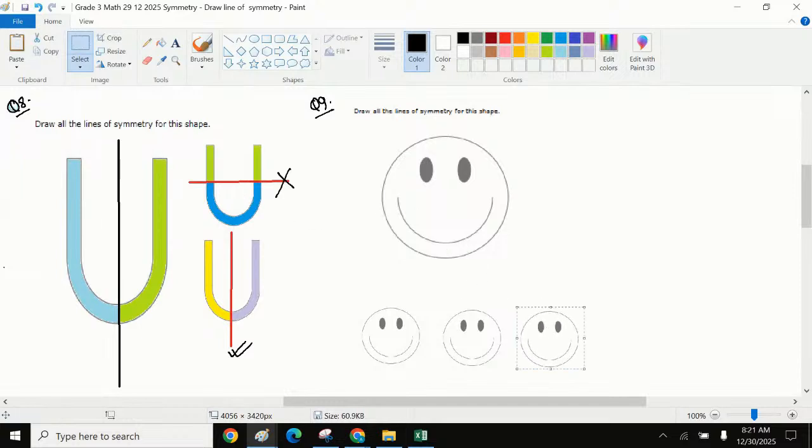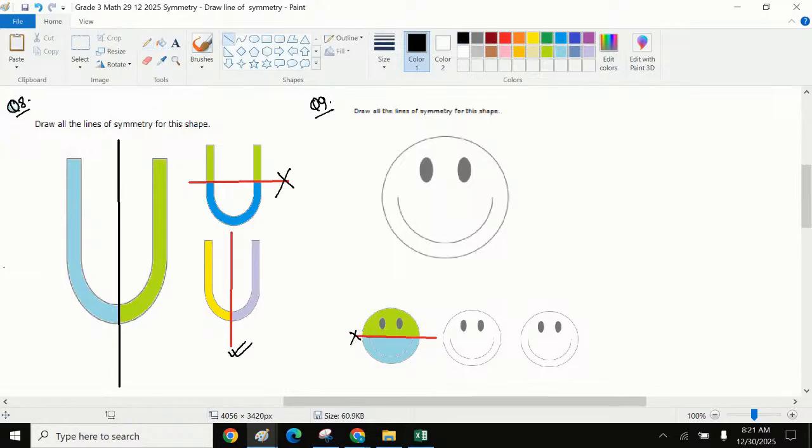So if I say it has a horizontal line over here, we can say that the shape above the line is not the same as below the line, right? So this cannot be the line of symmetry.